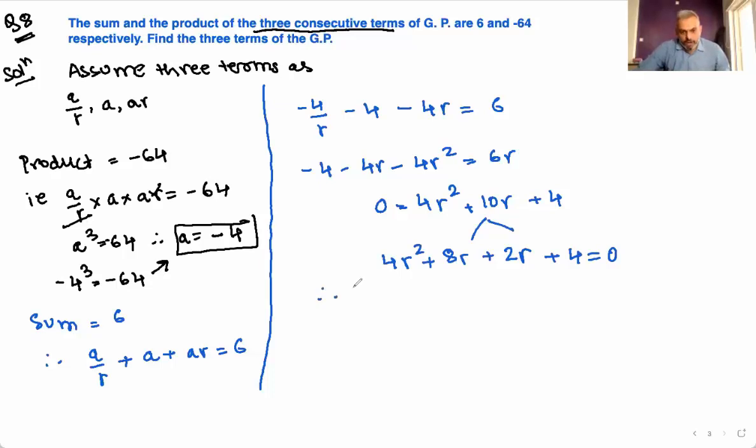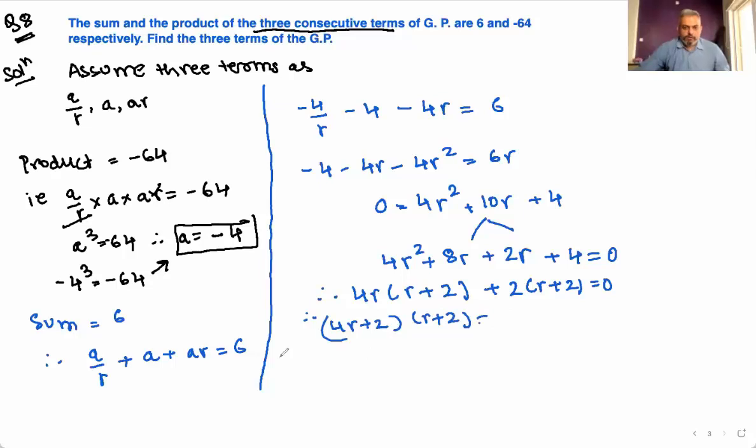Therefore, 4R common, R plus 2, plus 2 common, R plus 2 is equal to 0. Therefore, (4R plus 2) and (R plus 2) is equal to 0.